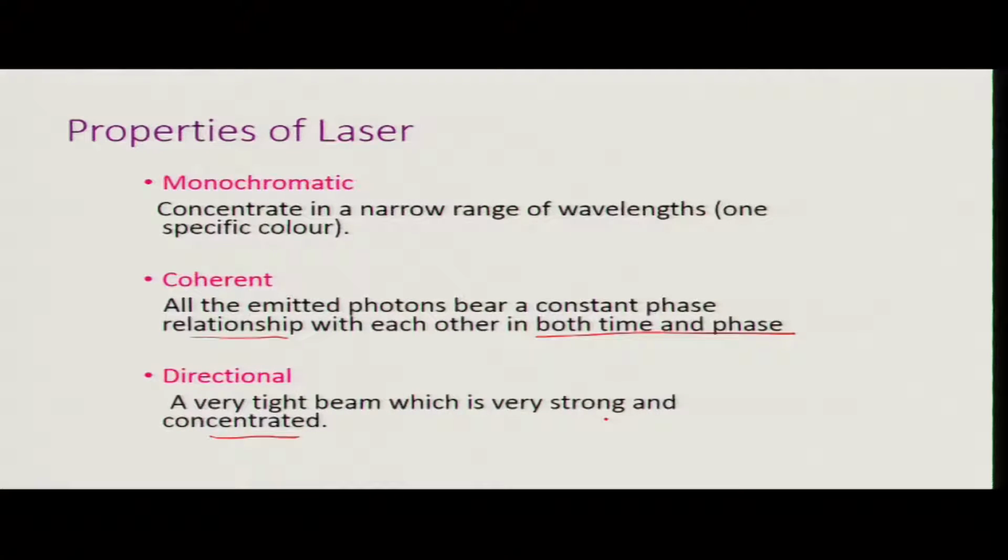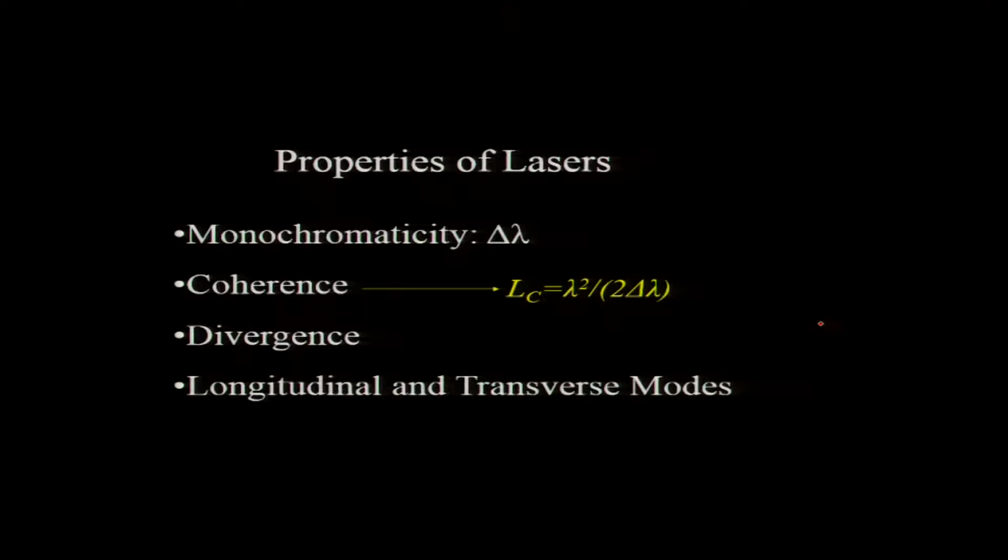Let us look at it a little bit more technically. Monochromaticity is looked at in terms of the wavelength spread function, which essentially tells how single wavelength or how much of a particular wavelength is being generated. Coherence is the range over which the phase has constant relationship. It can be looked at as the region of the length over which the coherence is maintained, which means that the constant phase relationship will be maintained.